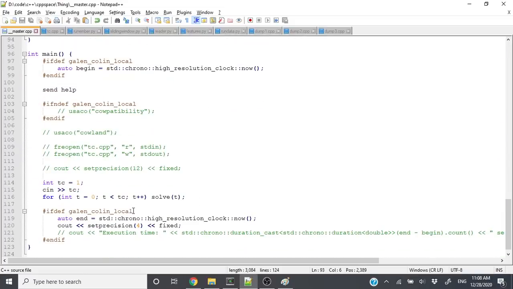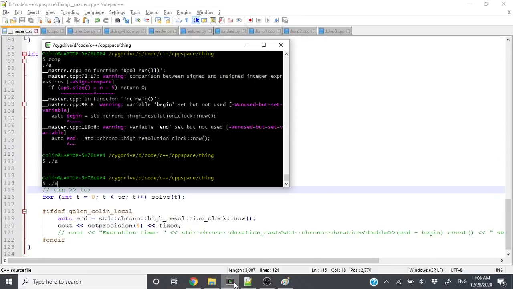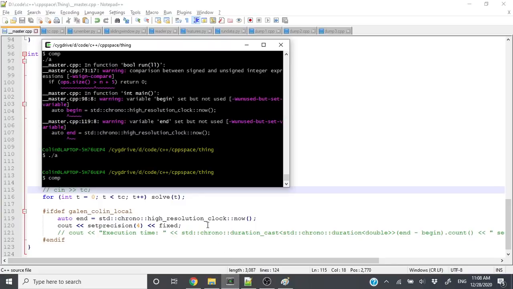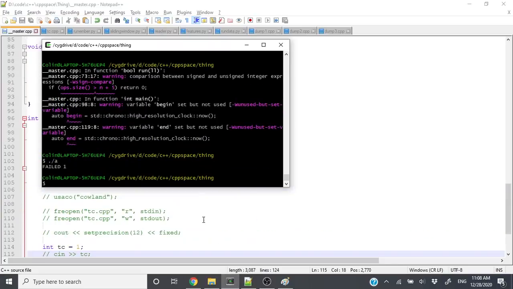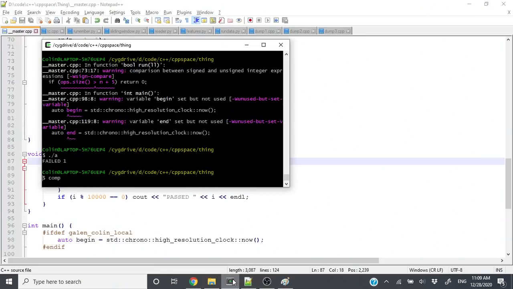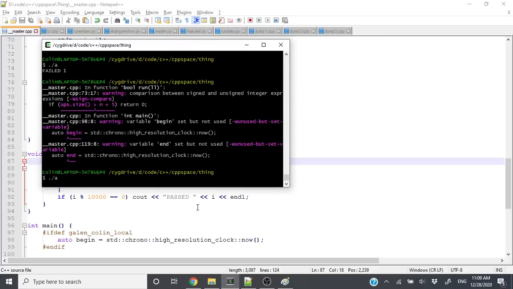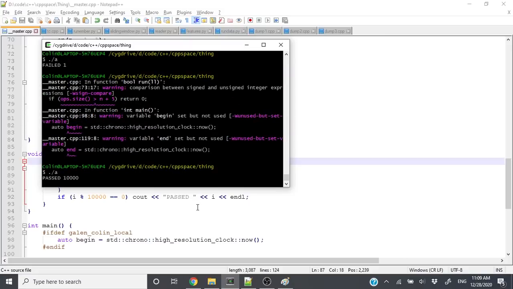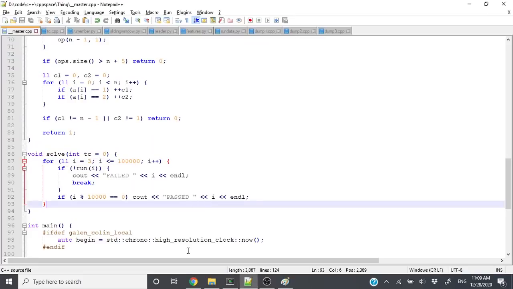It's waiting for a test case number. What? Oh, 3. Right? Yeah. Okay, so we'll let that run.